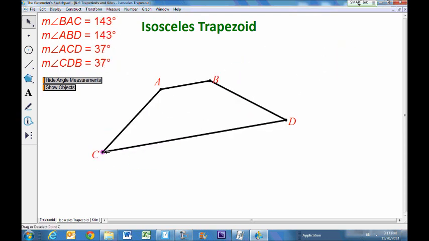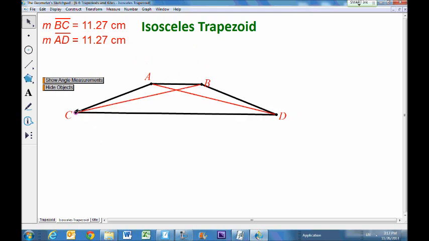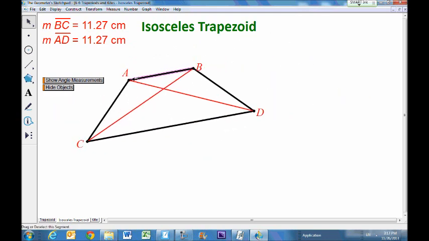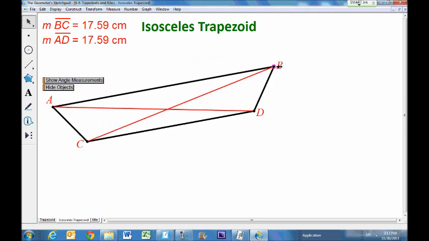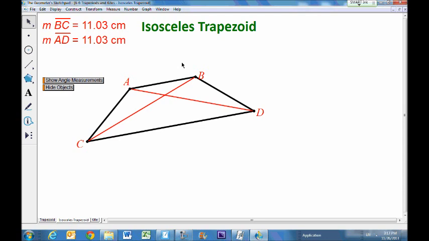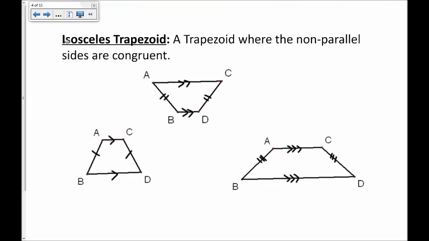That's one thing to notice about isosceles trapezoids. The other thing is about the diagonals. There we go. The diagonals are always congruent. Those are two properties that you should be familiar with for isosceles trapezoids.